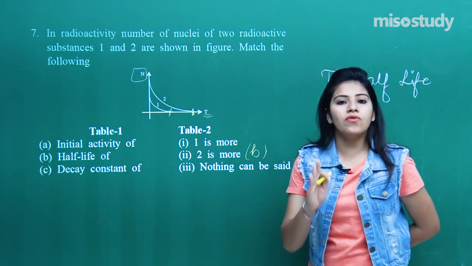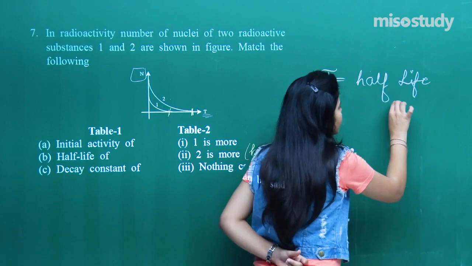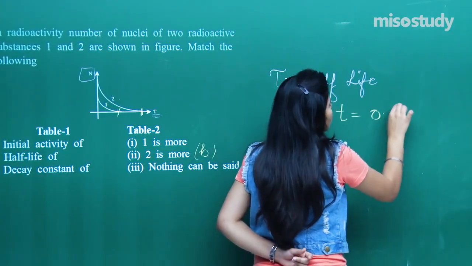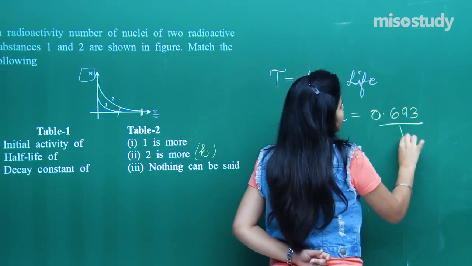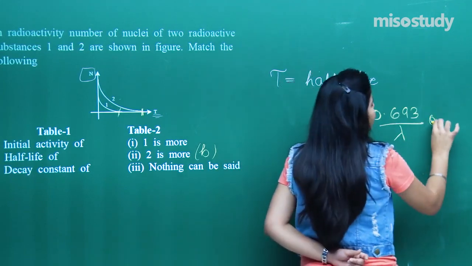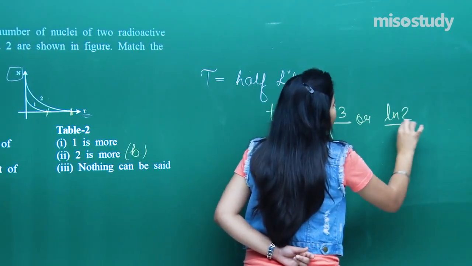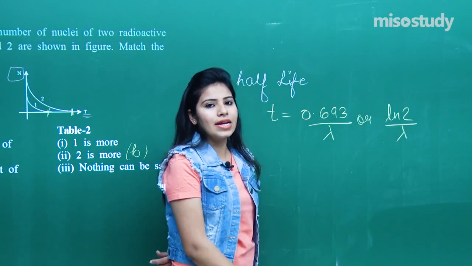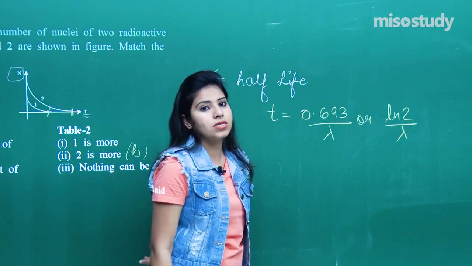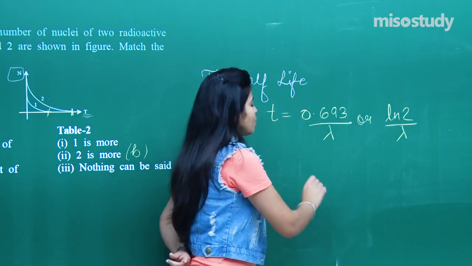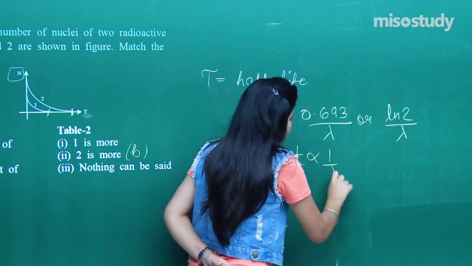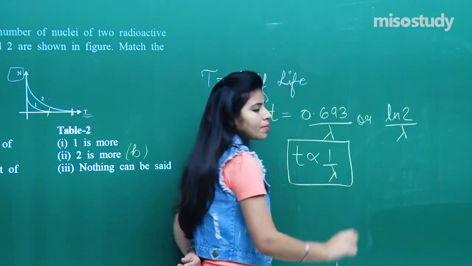Now I know one relation, T equals 0.693 by lambda, or you can write it as log 2 by lambda. This is the relation that everybody knows, right? Because of this, T is inversely proportional to lambda.